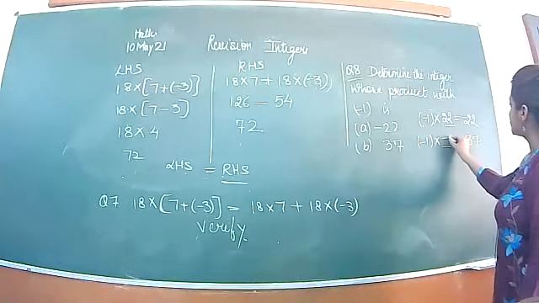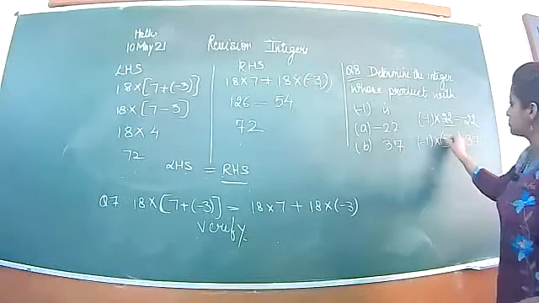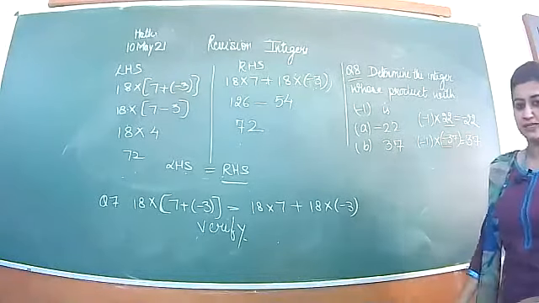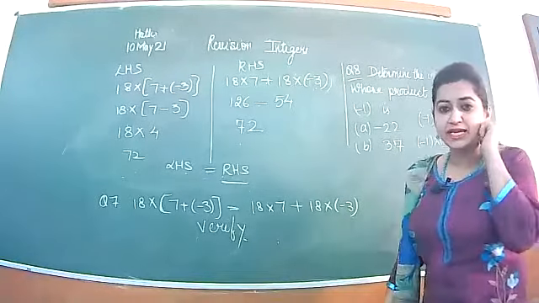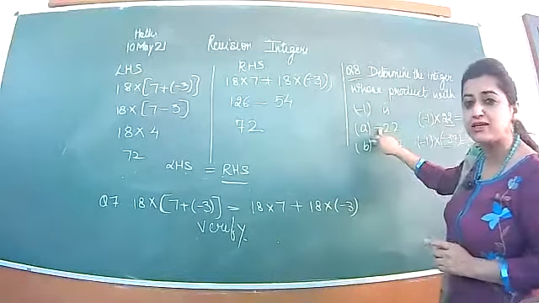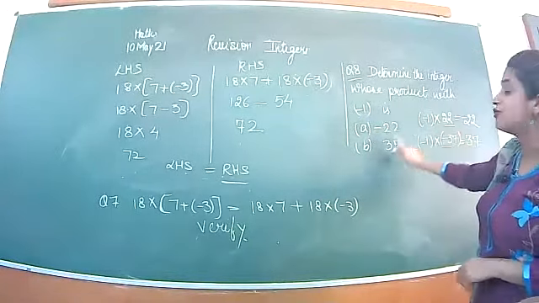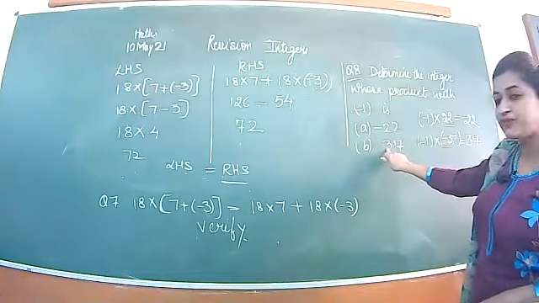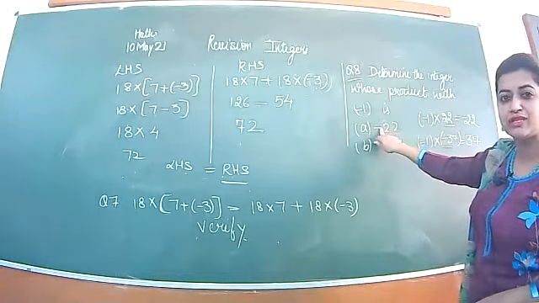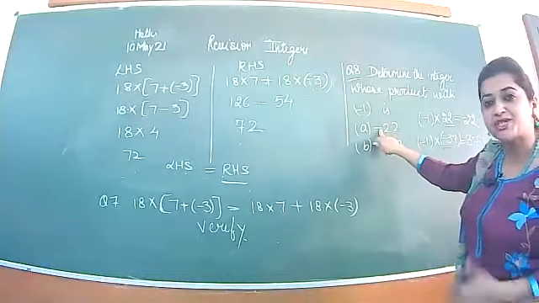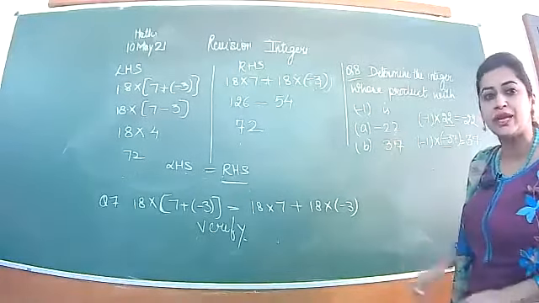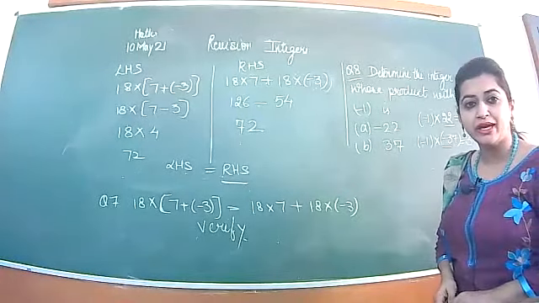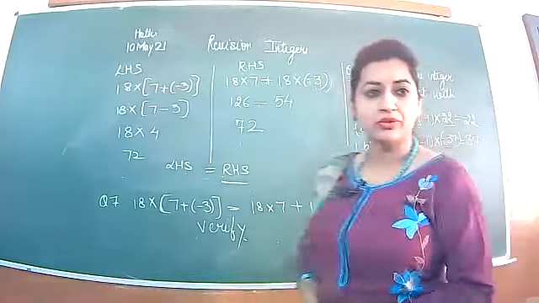So the answer is minus 37, because minus minus will give you plus. Keep this in mind: if you want a negative answer, the number will be positive; if you want a positive answer, your number will be negative. So the answer of this is minus 37, and the answer of this is 22. Is it okay? Kushi, do you have any doubt?